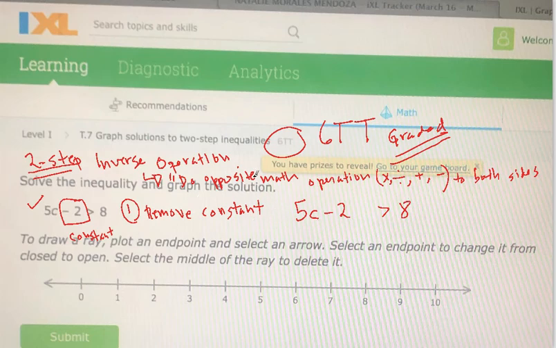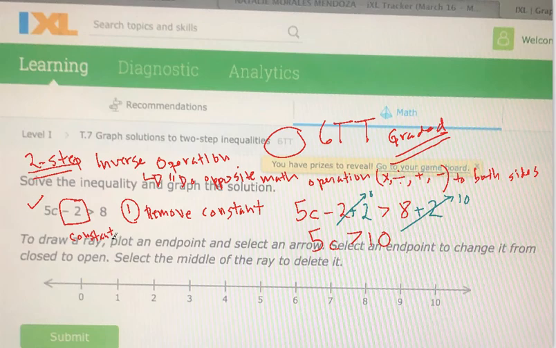What is the opposite math operation for minus 2? It's plus 2. And you have to do it to both sides. What's good for one side of the equation, you got to do it to the other. The minus 2 plus 2 cancels out to 0, and 8 plus 2 gets you 10. So now you've simplified this inequality to just 5c greater than 10. And that's a lot easier to work with.